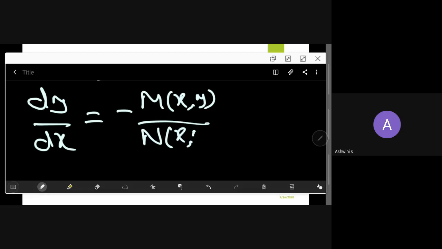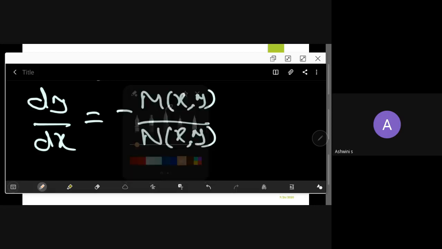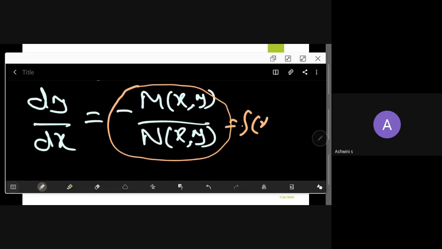See here, this is actually our f(x,y). We have been talking about first order equations since long during this session. dy/dx is equal to f(x,y), we are always saying. So if you are able to write that in a rational form, M(x,y) by N(x,y), that works; certain things you cannot write as M(x,y) by N(x,y).